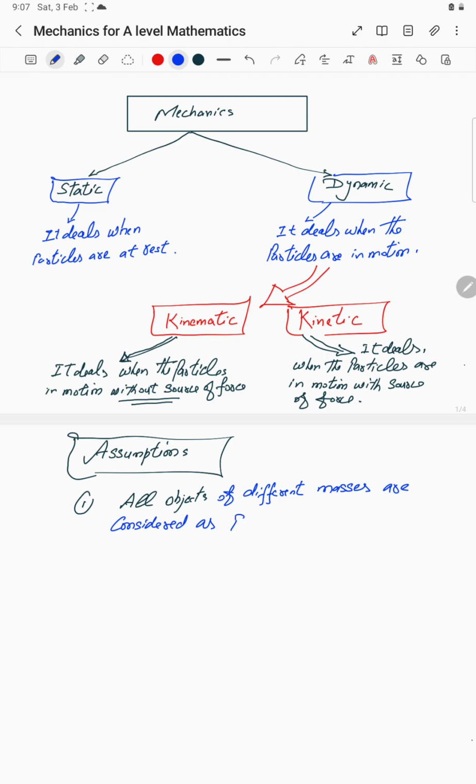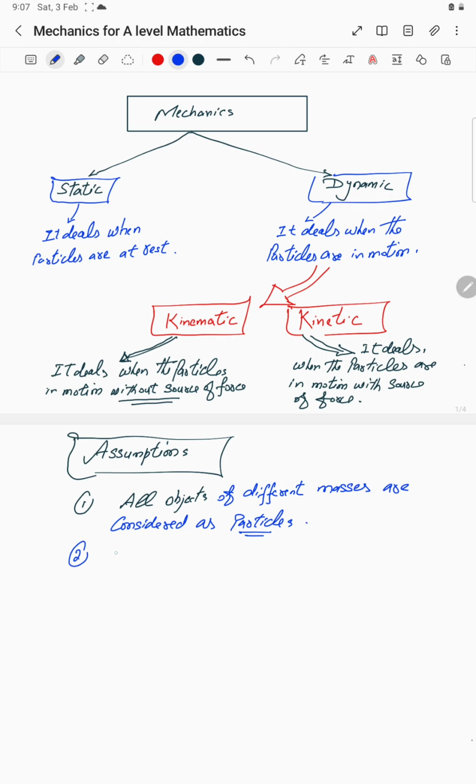So during the questions, all objects, no matter what masses they have, will be considered as a particle.